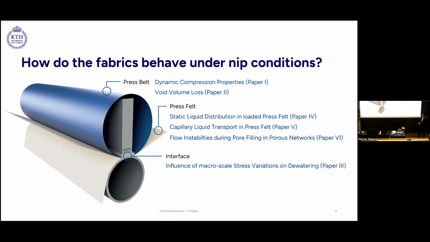All of these studies were documented in papers 4 to 6. So basically, as you can see, we conducted studies around the whole press nip in order to increase the understanding of fabric deformation and liquid transport behavior.